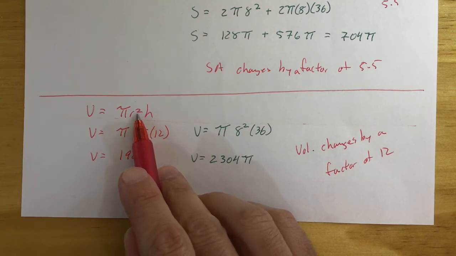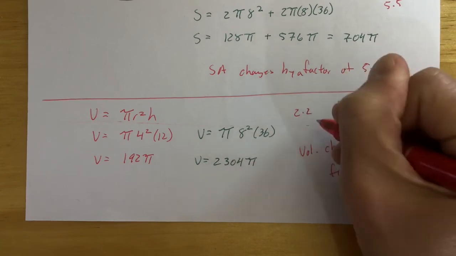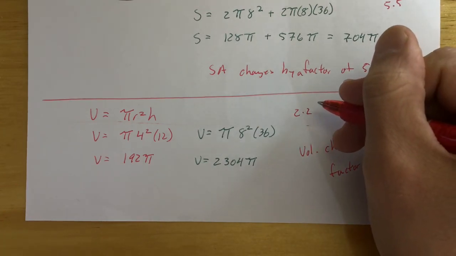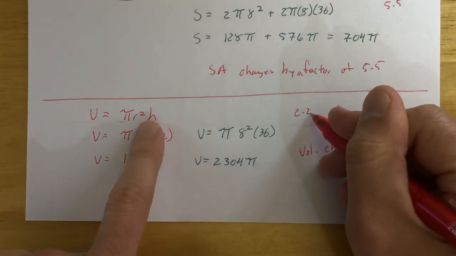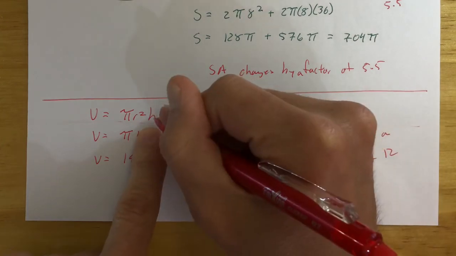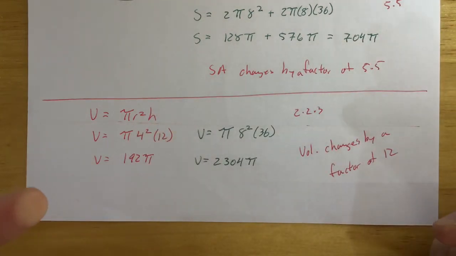So when you double the radius, you're going to introduce a factor of 2 twice. The radius gets doubled once, but since it counts twice, the doubling counts twice as well. And the height, when that changes by a 3, since the height only counts once in the equation, that factor gets involved once.